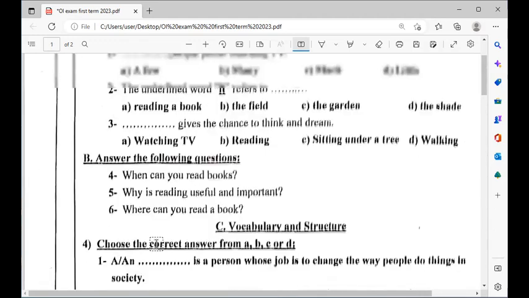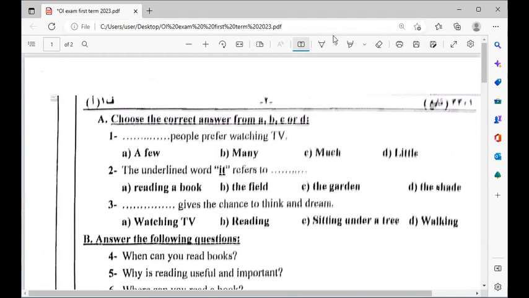So here to the questions. The first one: people prefer watching TV. A few, many, much, little. Much is not suitable because people here is a countable noun.